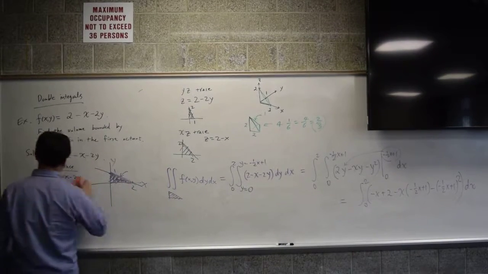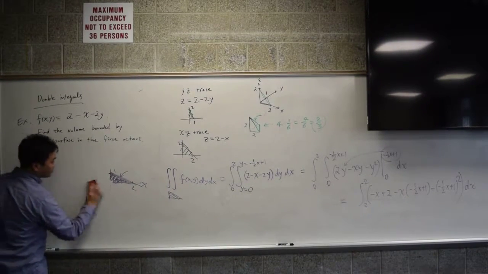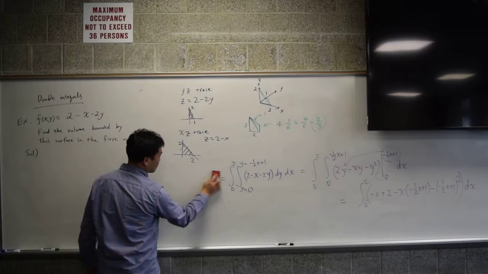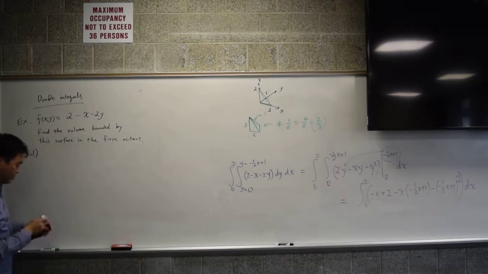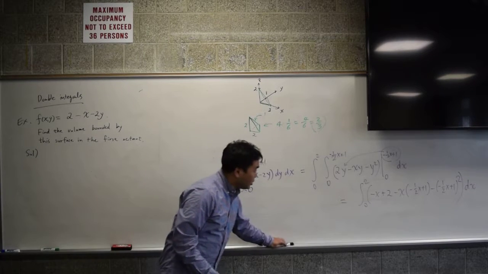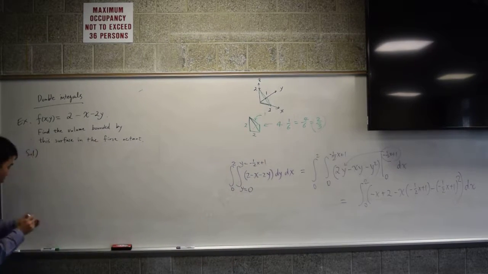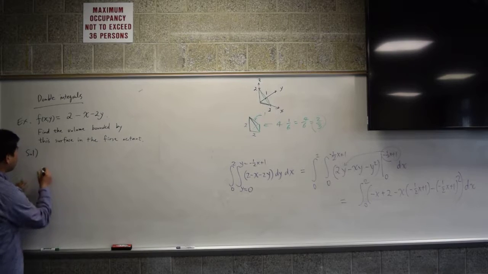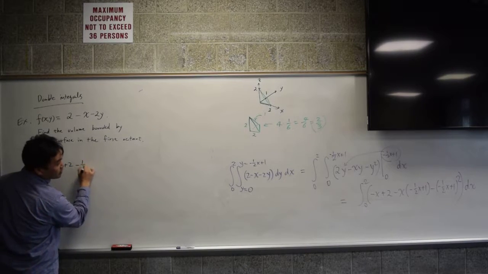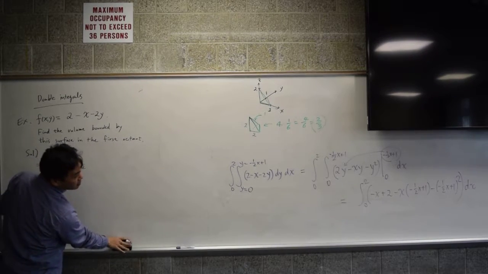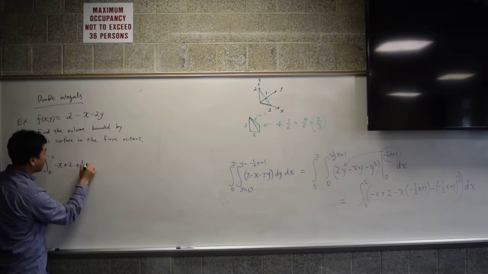Now let's continue. That's equal to the integral from 0 to 2 of negative x plus 2, plus 1 half x squared, right?